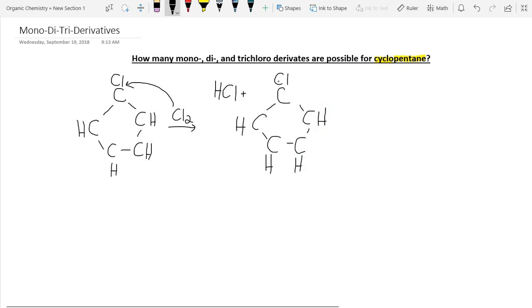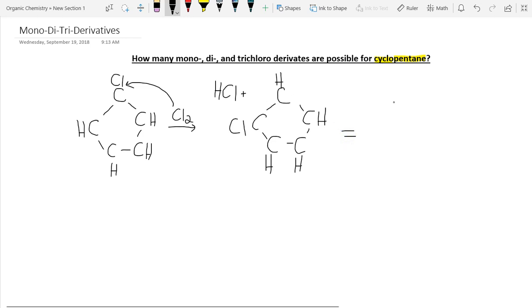And what would happen if the Cl went onto another carbon? It's possible the chloride can go on any of these carbons here, but they're the exact same thing.